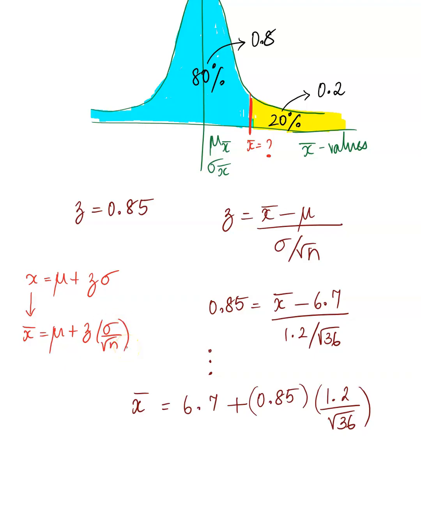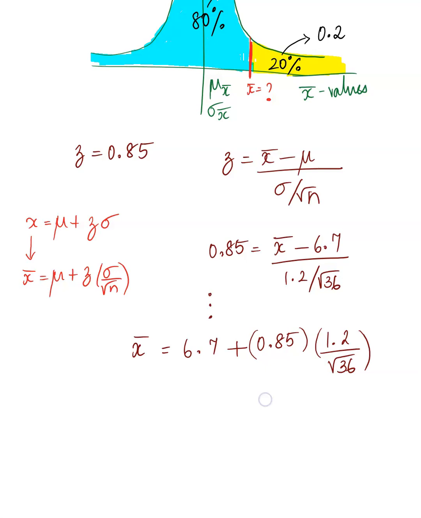That's what I have here. Now, if you compute the values here, this gives roughly 6.87. So that will be the x bar value if you're using the table to obtain this.